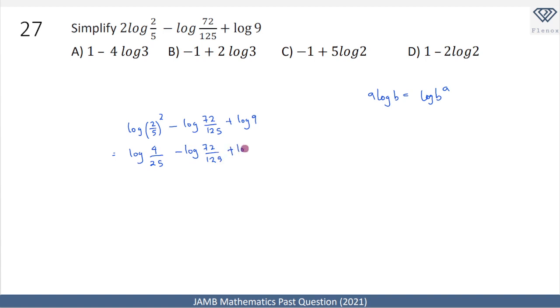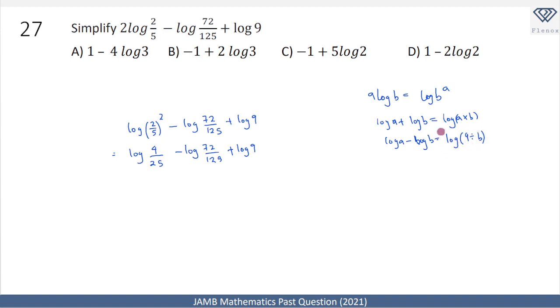plus log 9. Now again, if you recall from our laws of logarithm, if you have log a plus log b, that is log a times b, and at the same time log a minus log b is the same thing as saying log a divided by b.